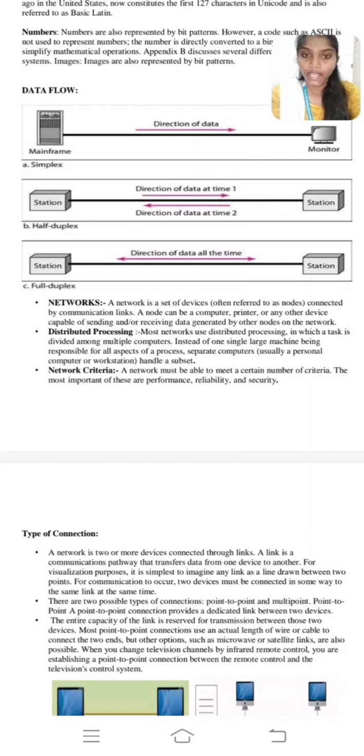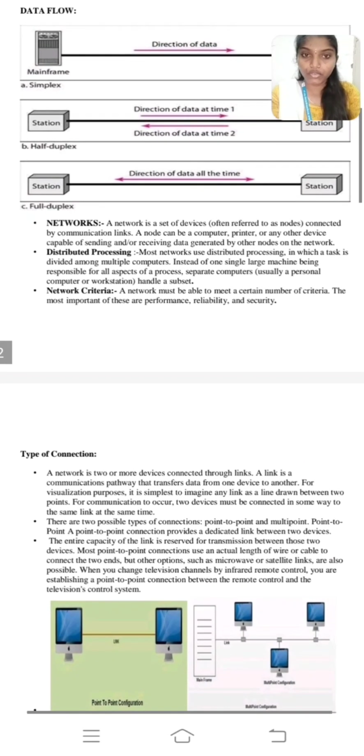Next one is network. A network is a set of devices, often referred to as nodes, connected by communication links. A node can be a computer, printer, or any other device capable of sending and or receiving data generated by other nodes on the network. Distributed processing: most networks use distributed processing, in which a task is divided among multiple computers instead of a single large machine being responsible for all aspects of a process.